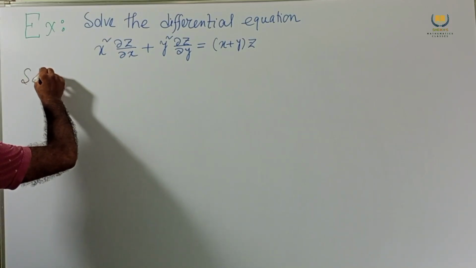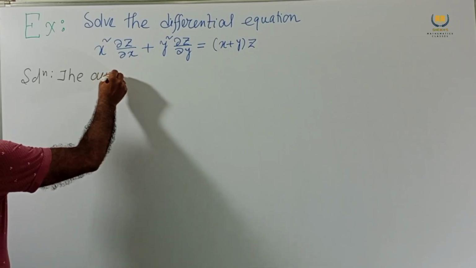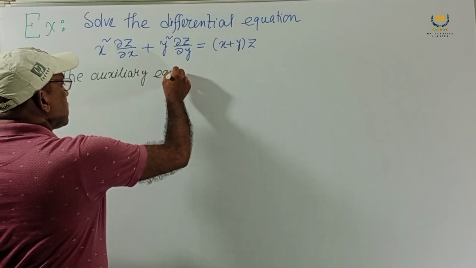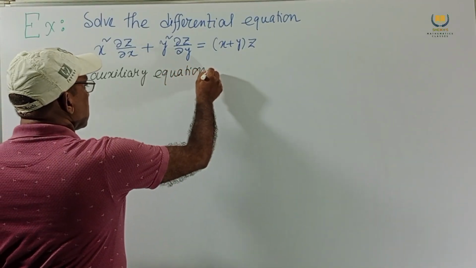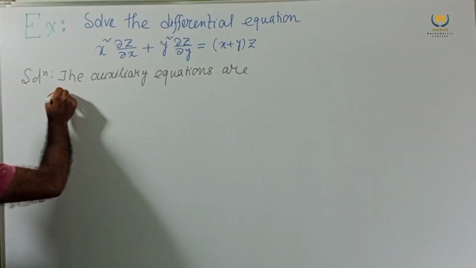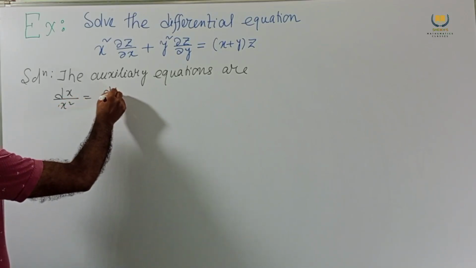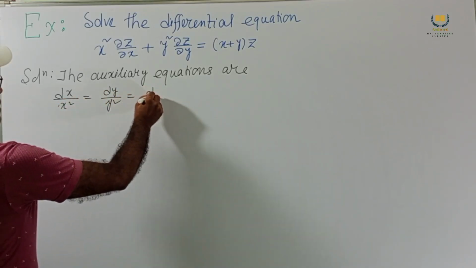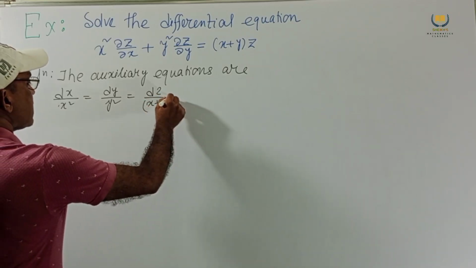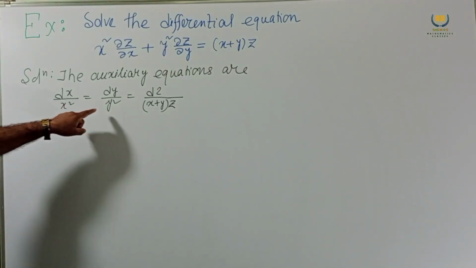Solution: the auxiliary equations are dx/x², dy/y², dz/((x + y) z). We consider this. Now first we consider the first two pairs.